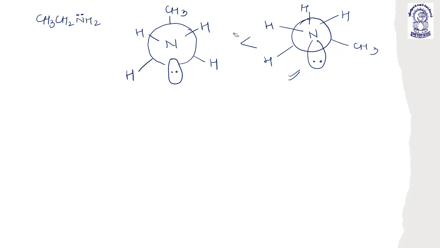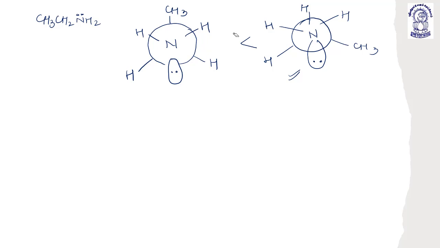Okay, as already mentioned, the lone pair has minimum steric repulsion. So in a lone pair containing compound, the bulkier group should always be placed in the gauche, that is 60 degree form, which is having the lone pair, because the lone pair offers the minimum steric repulsion.